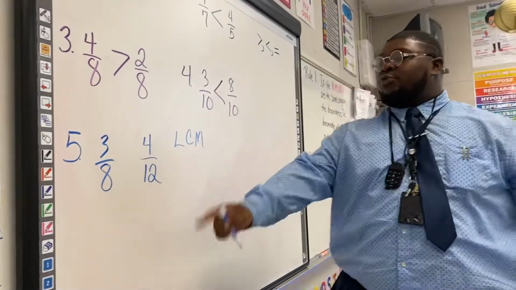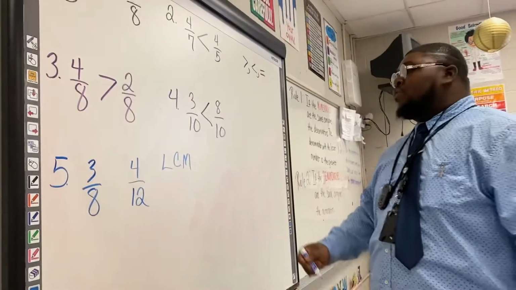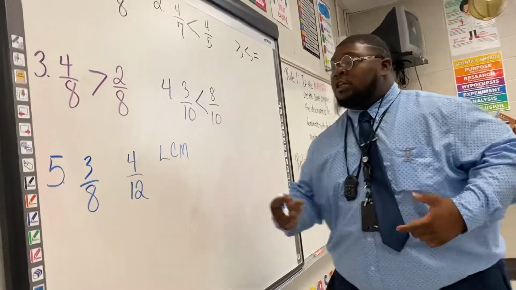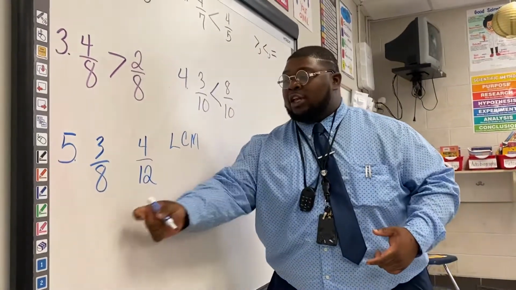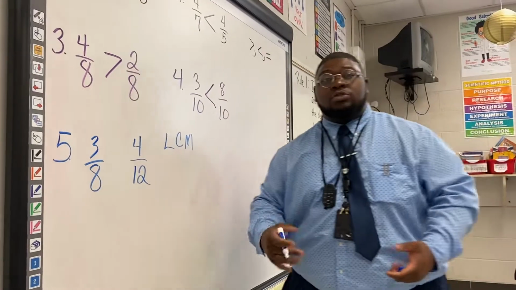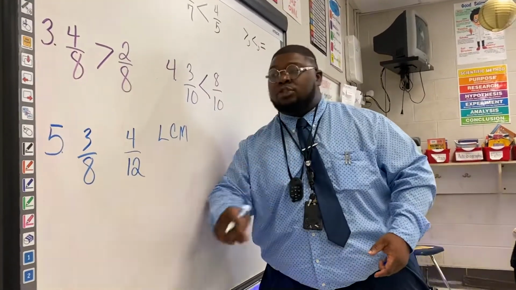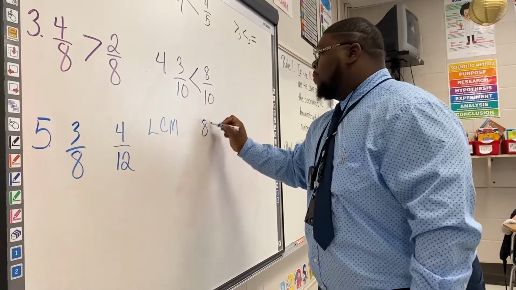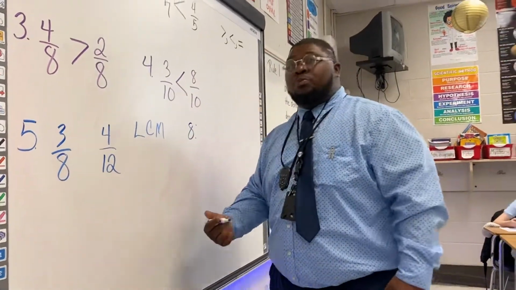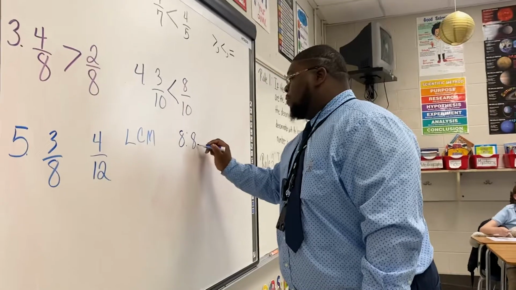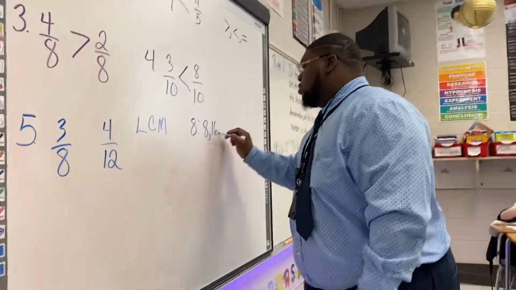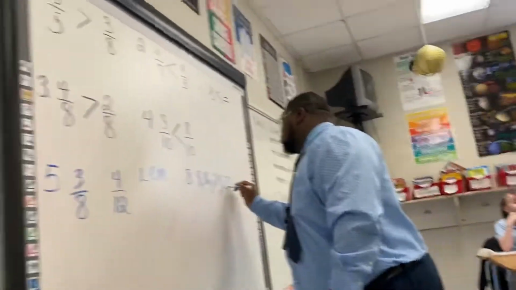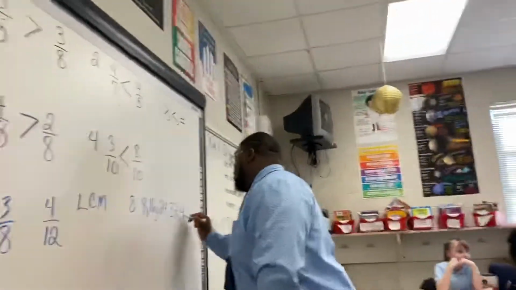So here we have 3/8 and 4/12. I need to find the least common multiple of 8 and 12. I always teach my students to list the first 5 multiples of each denominator. For 8, our first 5 multiples are 8, 16, 24, 32, and 40.